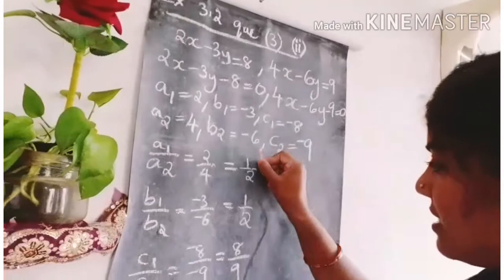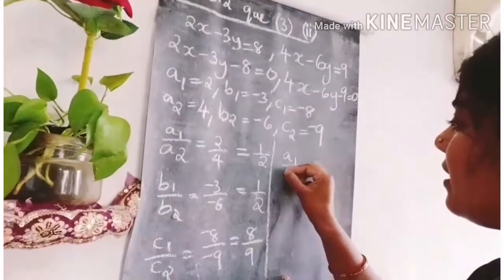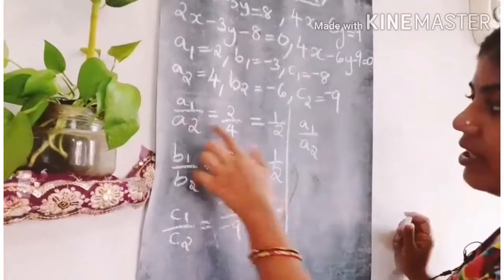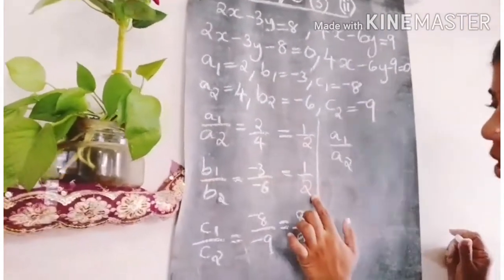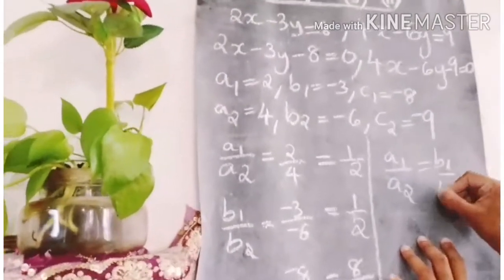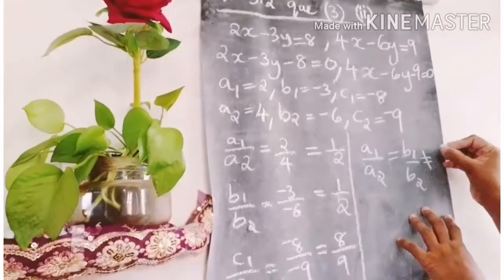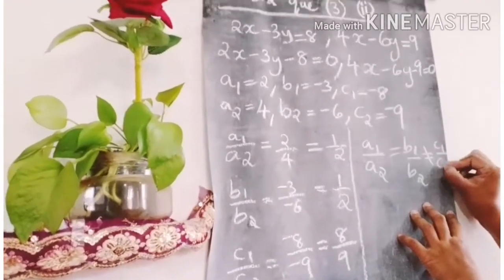Now let's check your answer. a1 by a2 you got 1 by 2. Here also you got 1 by 2, which means it is equal to b1 by b2, which is not equal to c1 by c2.